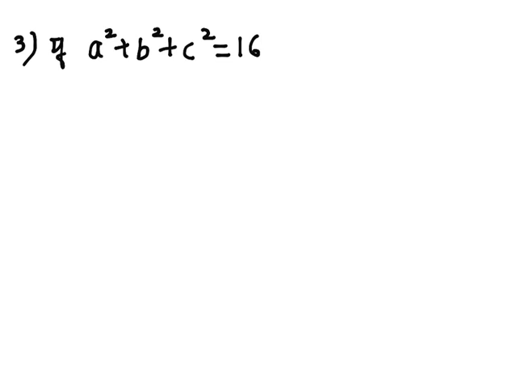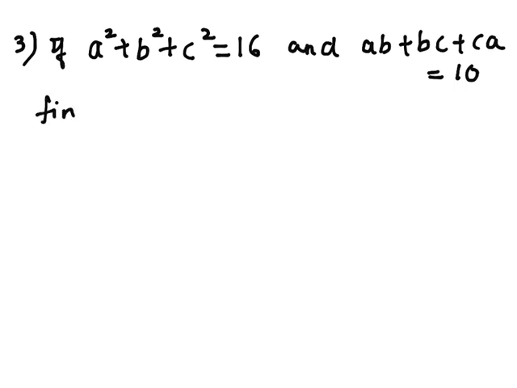Based on the same identity, let's take some other kind of examples, like if we have given values like a² + b² + c² equals 16. We have given that in the question, and ab + bc + ca equals 10. In that case we have to find out the value of a + b + c.